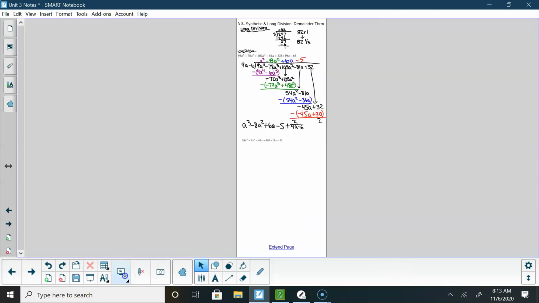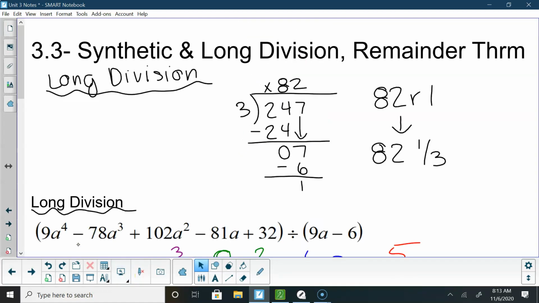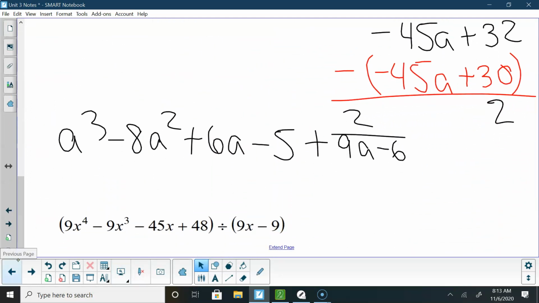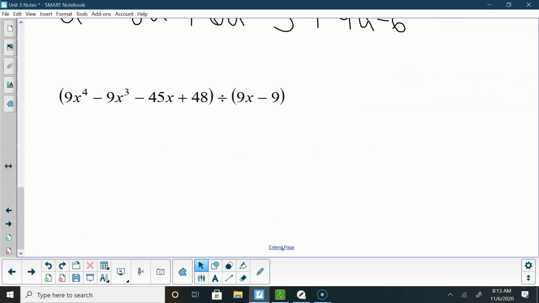So, if I go back and do this one, do you guys want to try it on your own and see kind of how it goes? Or are you still kind of freaked out by it? Do you want me to help you at least set it up? Okay, so what term am I missing before I start writing anything? X squared. Okay, so if I am missing an x squared, you need to put 0x squared in.